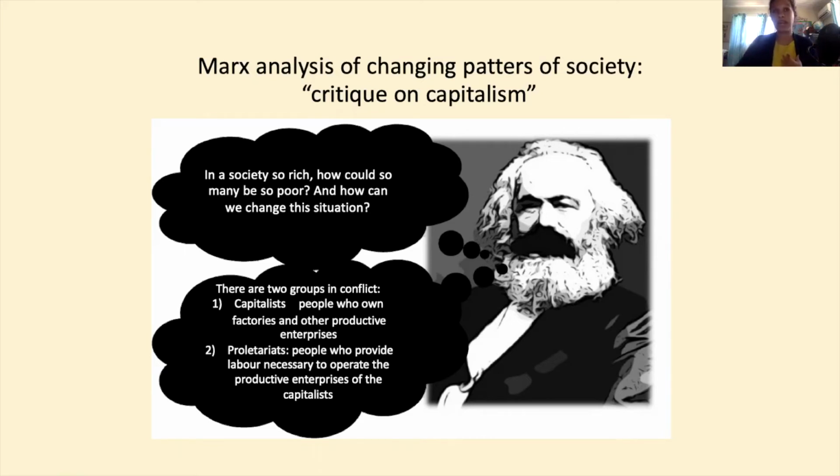And how can we change the situation? Remember, conflict theory wants to study conflict, power distribution, and also has at its root a social change agenda. So for Marx, he did an analysis of how the production system, what he called advanced capitalism, worked.